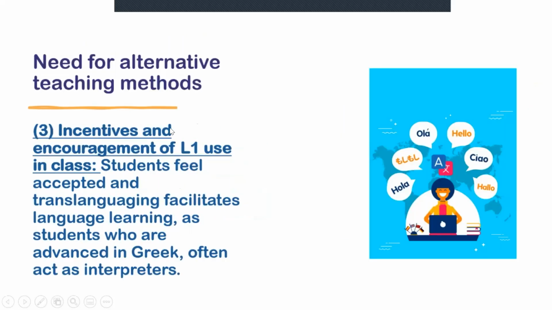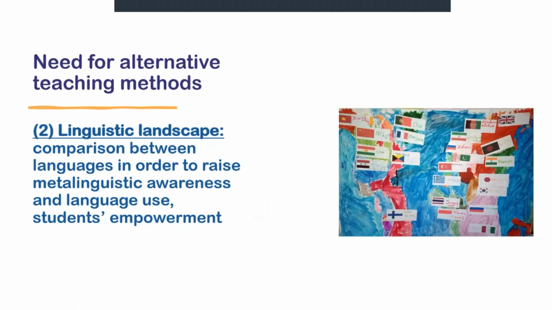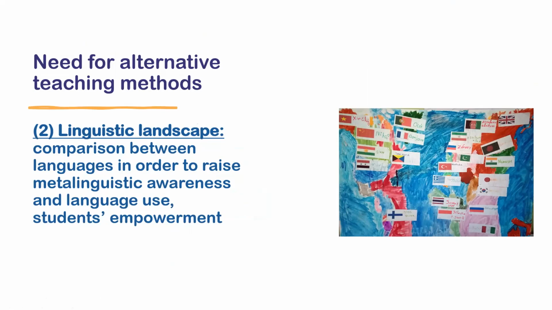Another alternative teaching method is linguistic landscape. School linguistic landscape allows for comparison between languages in order to raise metalinguistic awareness and language use and promote students' empowerment.